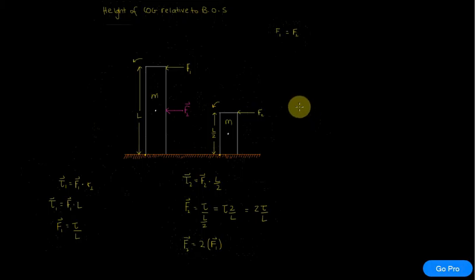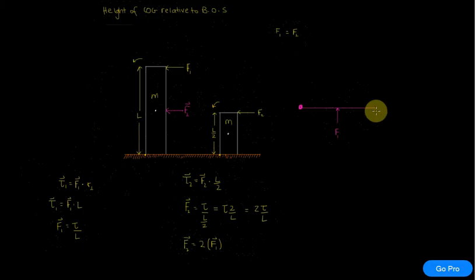The same way in previous examples when we've spoken about torque, if I have an object rotating around some axis, the ease with which it rotates is dependent on where I apply a force.